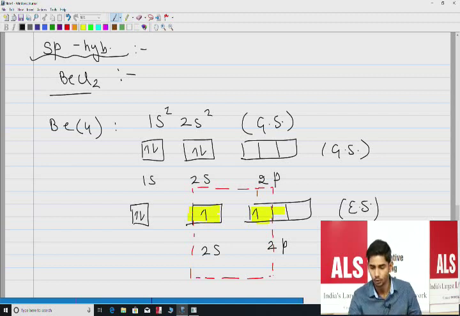Look at this, 2s and 2p. Here you can see in the ground state 2p is totally vacant. So that's why I have used the 2p orbital and I have shifted the electron from 2s to 2p. Once everyone has become unpaired, this will become what? Excited state.